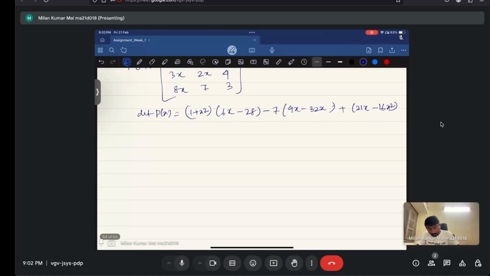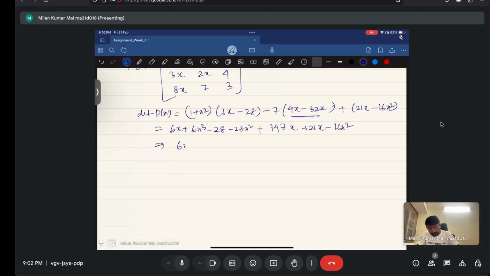Okay, so therefore this will be 6x plus 6x cube minus 21 minus 21x square minus, here will be 32, this will be 20 minus 21, so plus 7 into 21, 7, 1, 4 x plus 21x minus 16x square.